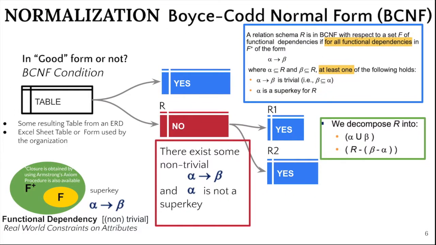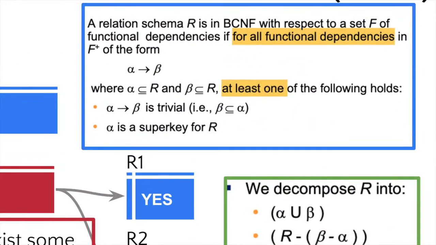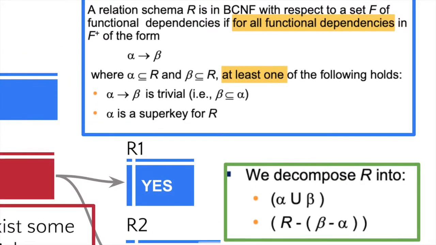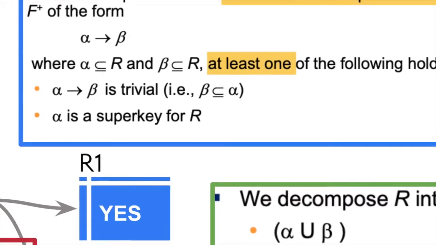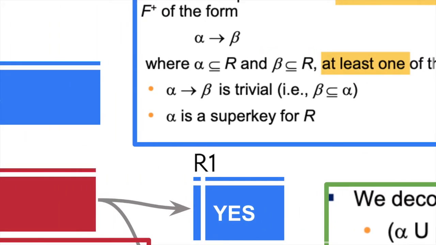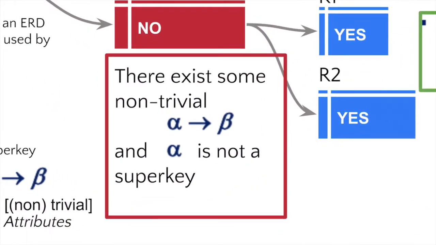So, kapag nag-disobey ka sa condition na to, the easiest way is just to show that there exists at least one na functional dependency alpha to beta na hindi true for each of the conditions. So, ang equivalent statement niyan is that there exists some non-trivial alpha to beta and alpha is not a super key.